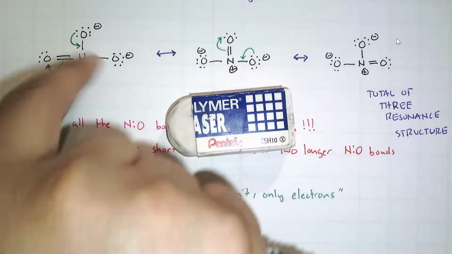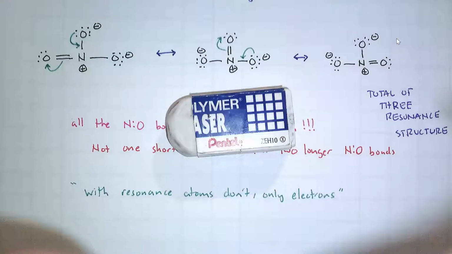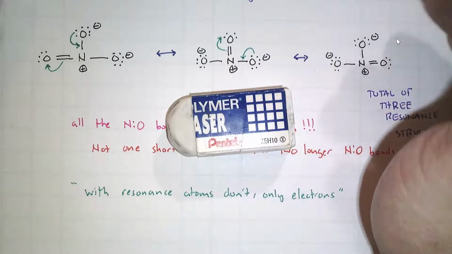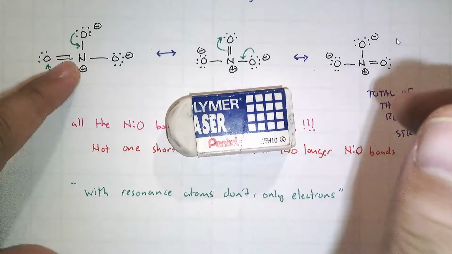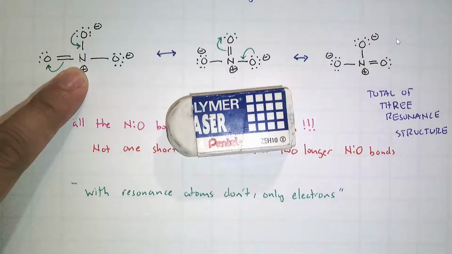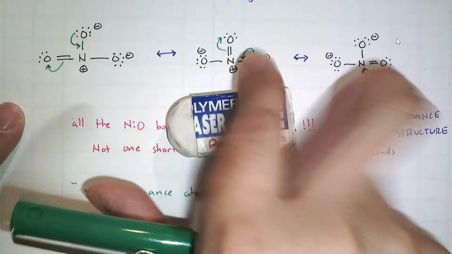Just go in order, showing your movement of electrons. If that's really happening, you have to think about all of this happening at the same time, and that the bond between nitrogen and each of these oxygens is what? 33% double and 66% single.